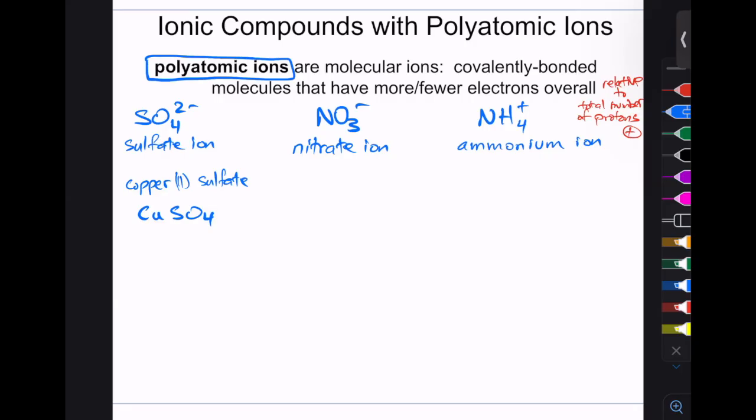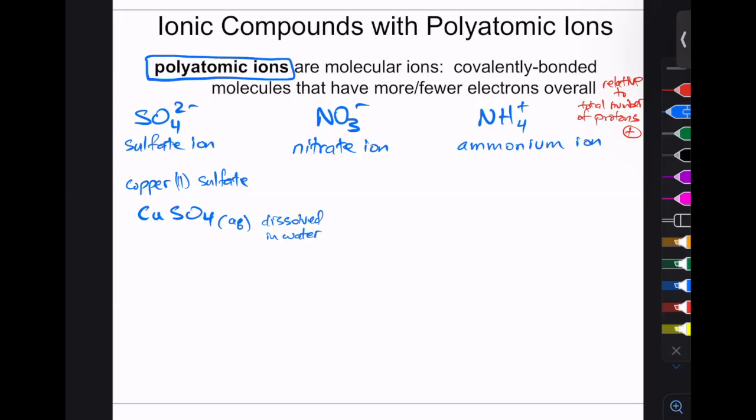This is an ionic compound. If we put this in aqueous solution, we'll find, now what does AQ mean? Who remembers what AQ stands for? It stands for aqueous solution, but what does that mean? It's dissolved in water. The liquid specifically is water. AQ means dissolved in water.